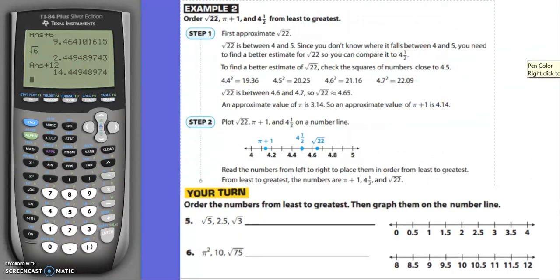Alright, example 2. We want to arrange the square root of 22, pi plus 1, and 4.5 from least to greatest. Alright, so the square root of 22 is about 4 and 69 hundredths.